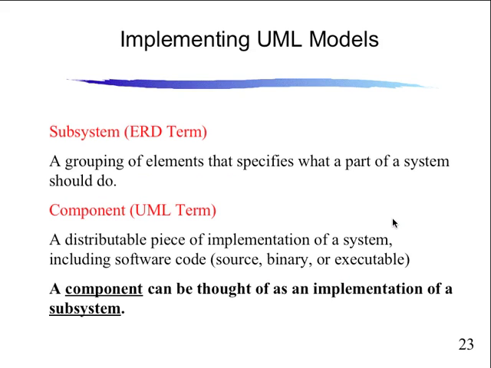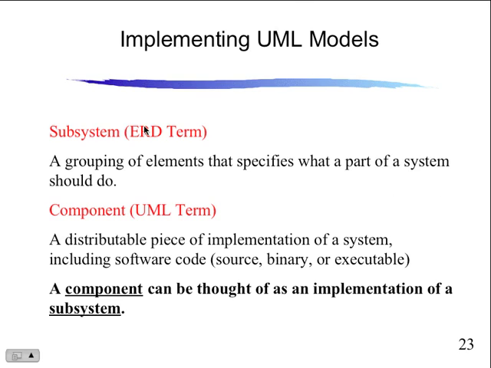So, in terms of UML models and implementing them, we have subsystems, and then we have component levels. In your analysis and design document, it says you have to give me one component UML diagram. It's just a term. A component is basically what we're talking about in terms of a subsystem, so these are kind of equivalent.